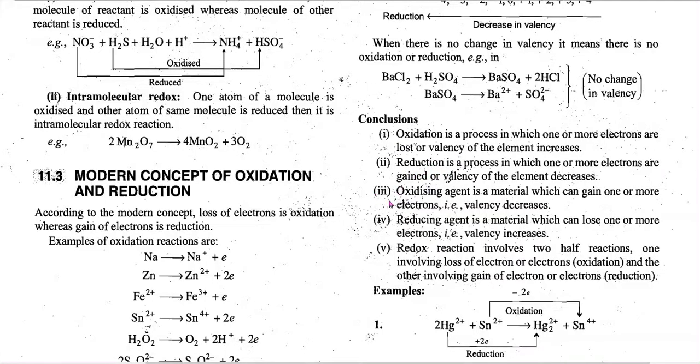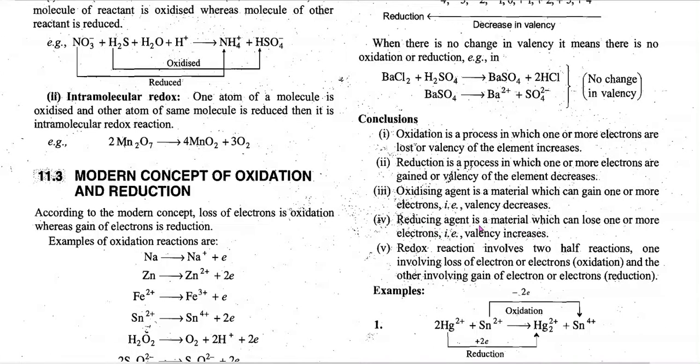Now the next is oxidizing agent. What is oxidizing agent? The reagent which gains one or more electrons, or we can say the reagent which undergoes reduction. That which itself undergoes reduction is called oxidizing agent, and reducing agent is the one which itself undergoes oxidation.